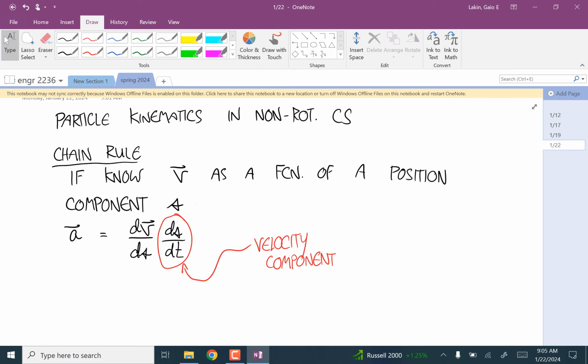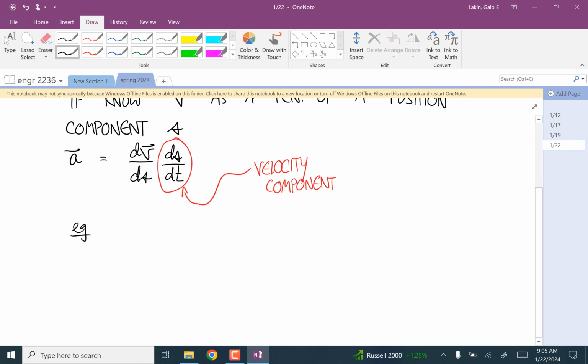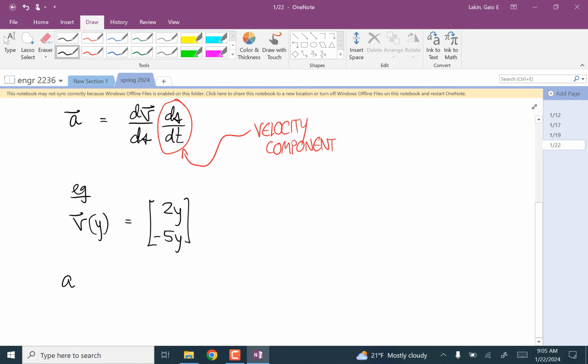Okay, so for example, if you know that the velocity as a function of y is equal to 2y negative 5y, then the acceleration as a function of y is equal to dv dy times dy dt, and dy dt is this.